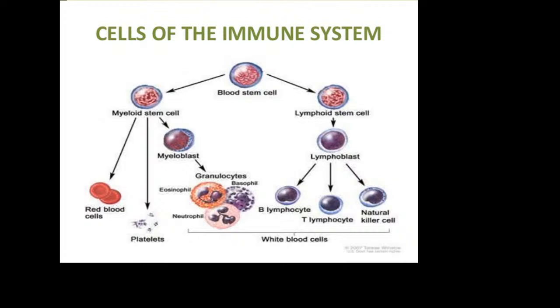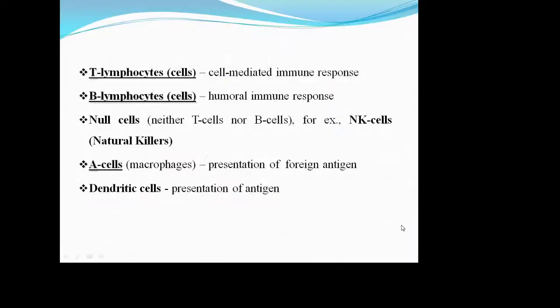Firstly, lymphocytes arise from lymphoid stem cells that develop into lymphoblasts, and lymphocytes are differentiated into B cells, T cells, and natural killer cells, NK cells.